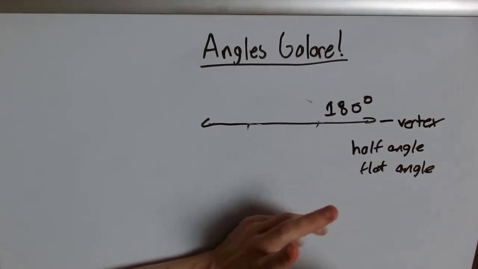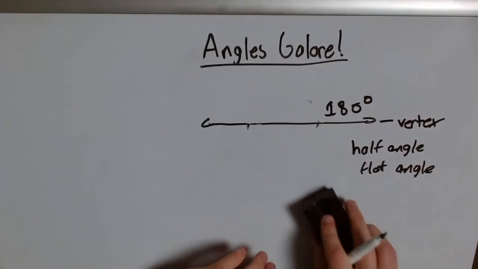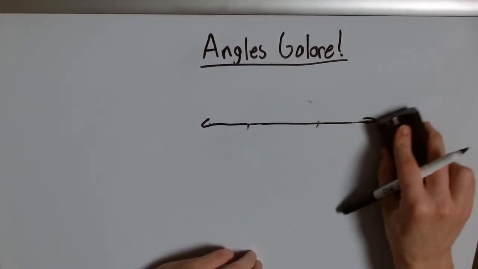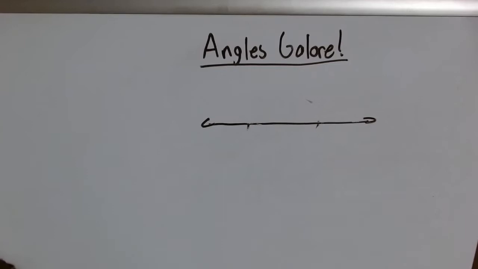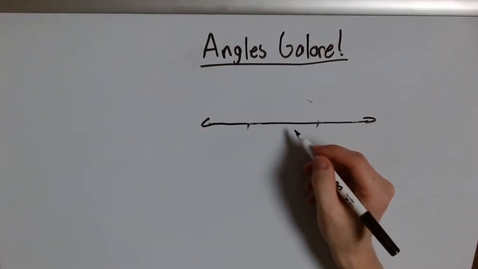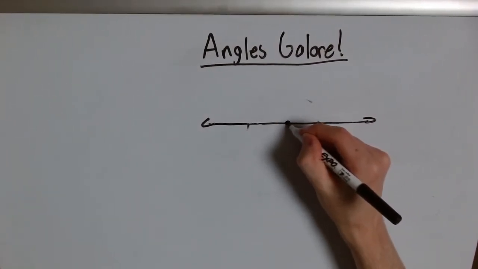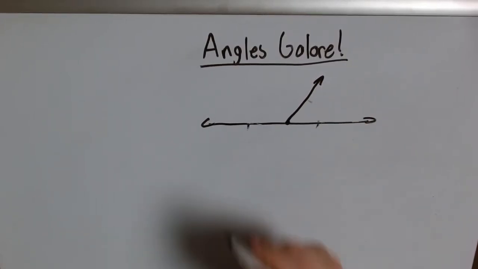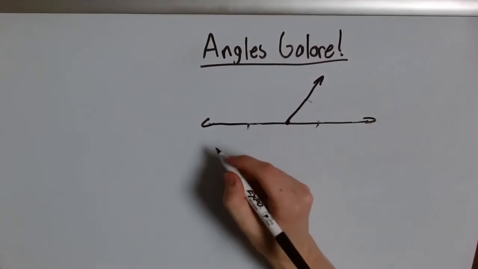Now, here's where things get interesting. You might say, oh, this is all obvious. This is silly. Why would I need to know about that? And why is this the first thing we're talking about when we talk about angles? Well, we have our line. What if we do this? And I'm going to label these points just so we can make it easier.